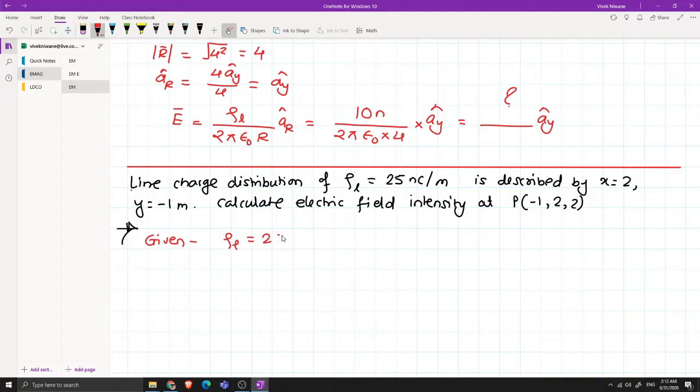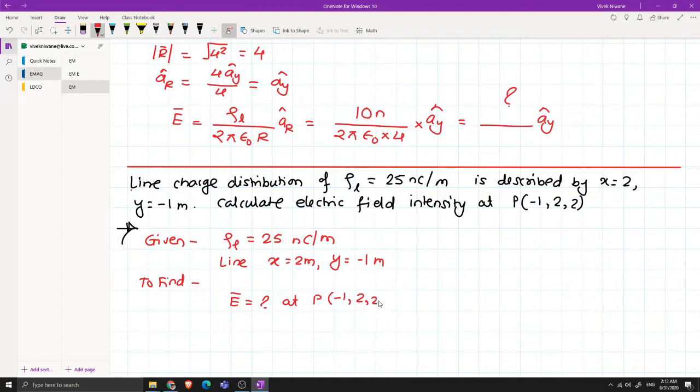Rho L is equal to 25 nanocoulomb per meter. Then we have a line described by x equal to 2 meter and y equal to minus 1 meter. Then we need to find E bar at P(-1, 2, 2).